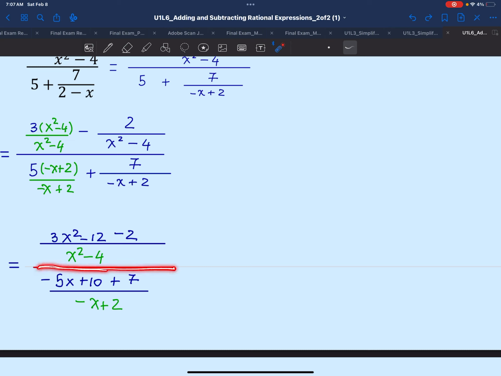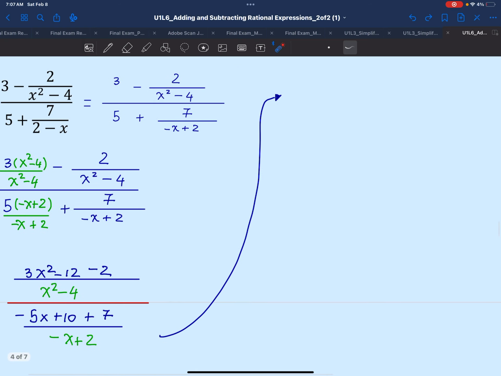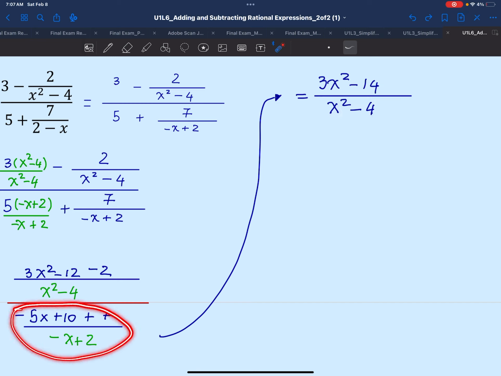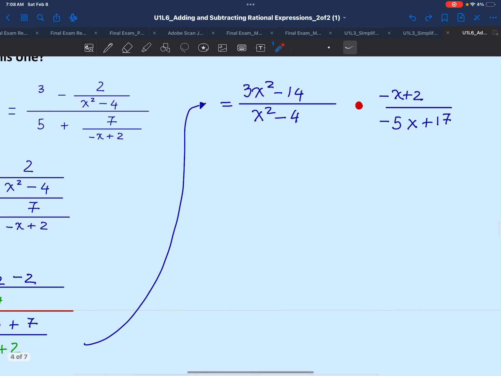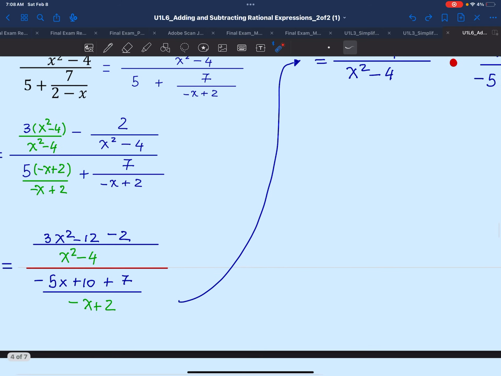Next we will take care of this division. Remember, when we divide two fractions, the division will turn into a multiplication, and the fraction that comes after the division, which would be this denominator here, will flip, which means we have negative x plus 2 in the numerator divided by negative 5x plus 17.